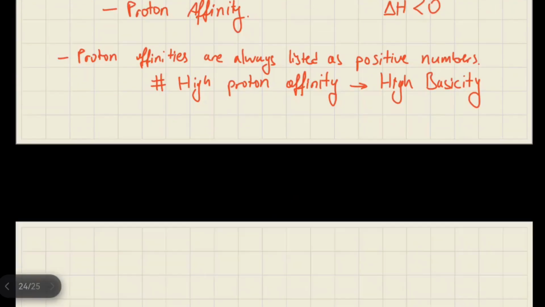Again, we can compare two bases, for instance NF3 and NH3. I mentioned that NF3 is a weak base and NH3 is a stronger base due to the electronegative atoms, the fluorines. Fluorine takes electrons and the electron density of the nitrogen decreases, which decreases the base strength.